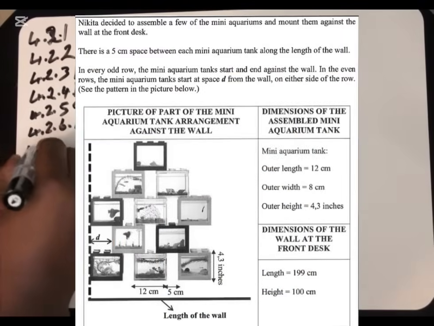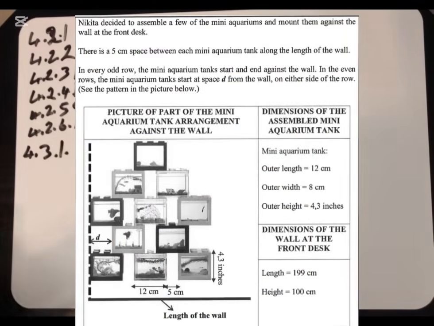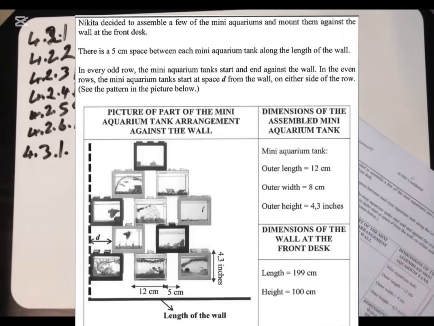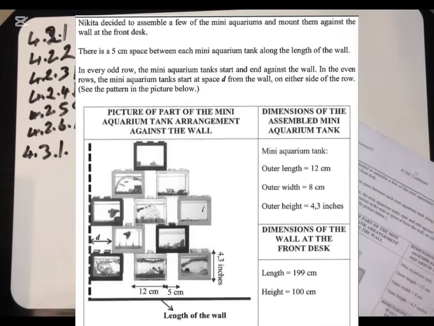Then we have 4.3.1. It says that Nikita decided to assemble a few of the mini aquariums and mount them against the wall at the front desk. There is a 5 centimeter space between each aquarium tank along the length of the wall.